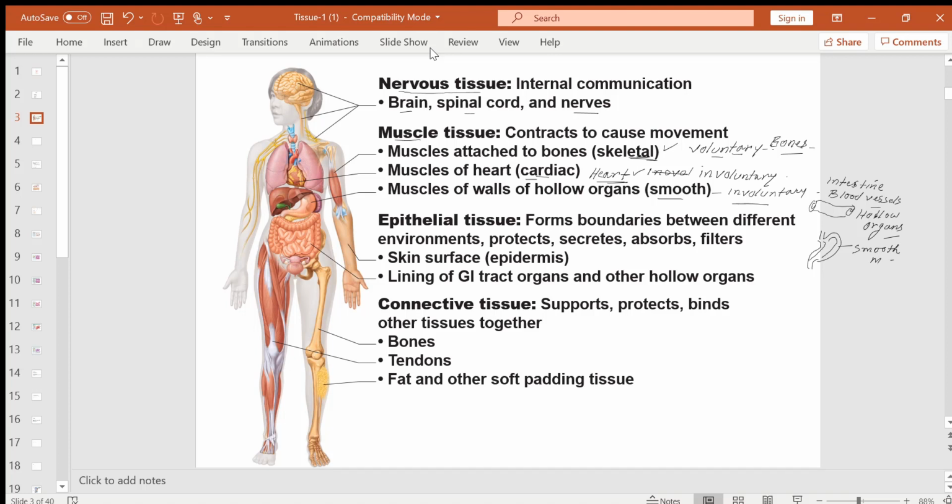Wall of the tube-like structures, you have smooth muscle. And what are the other hollow organs? Uterus, urinary bladder, gallbladder, right? Stomach. So in the wall of those hollow organs, you have smooth muscle. So those are the locations of three different types of muscle tissue.